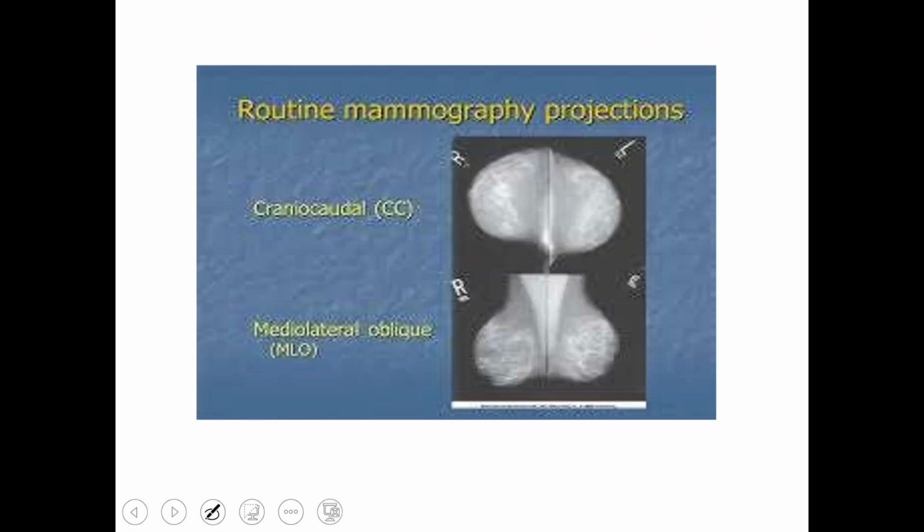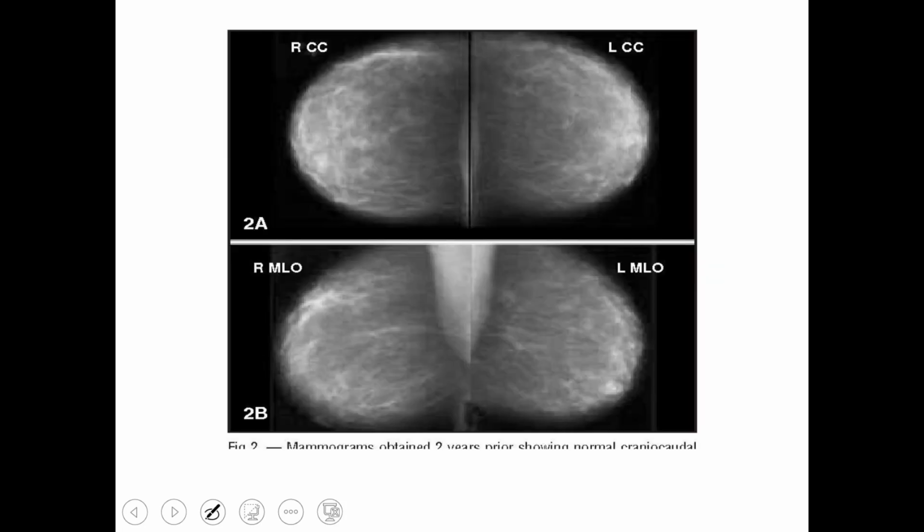So this is the routine mammography projection. This is the RCC, this is the LCC, RML or LML. So they take images from every side, the mammograph image.